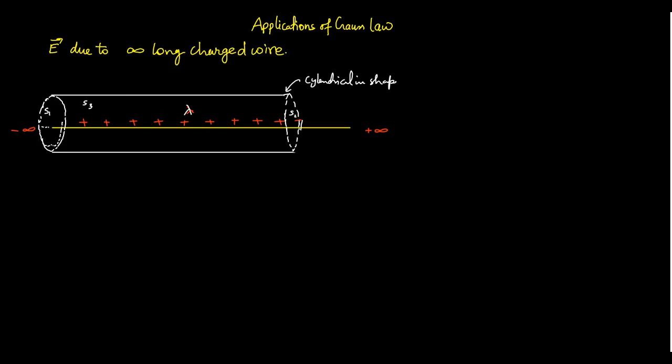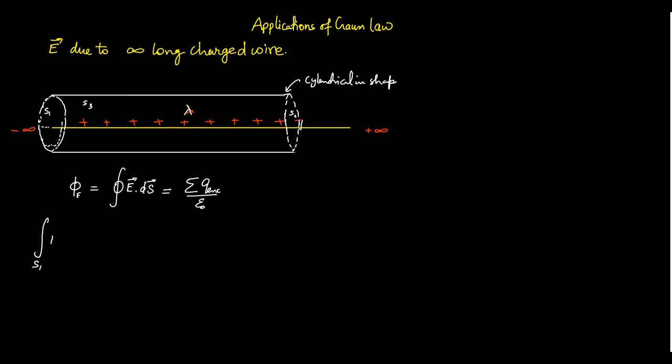Now over here, according to the Gauss law and definition of electric flux, if I want to write the expression of electric flux, it is what? Closed surface integral of electric field, which is equal to summation of Q enclosed upon epsilon naught. Now this is a closed surface, we will open it and three surfaces we will have.